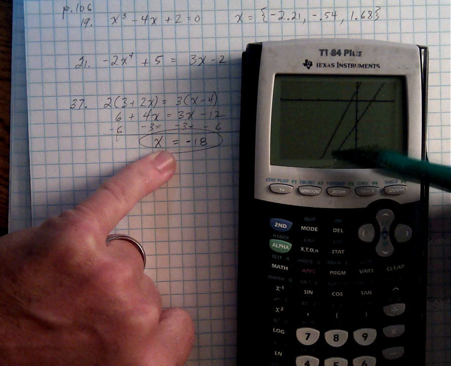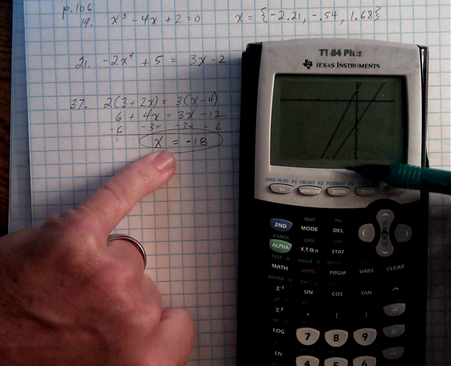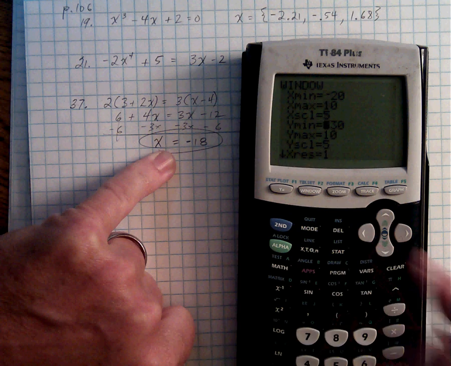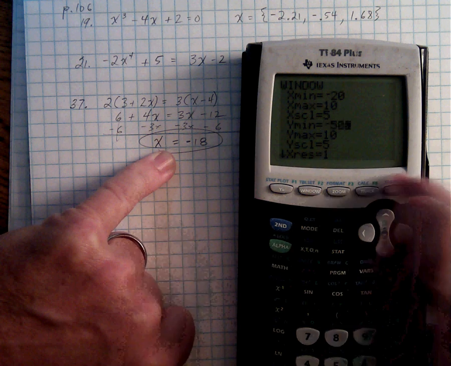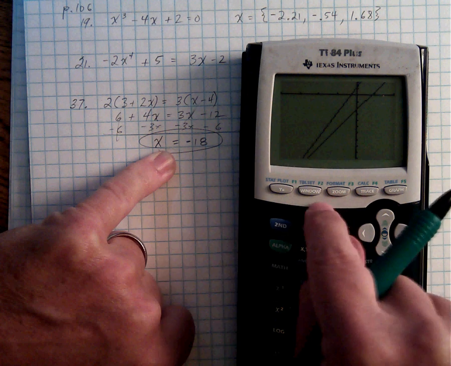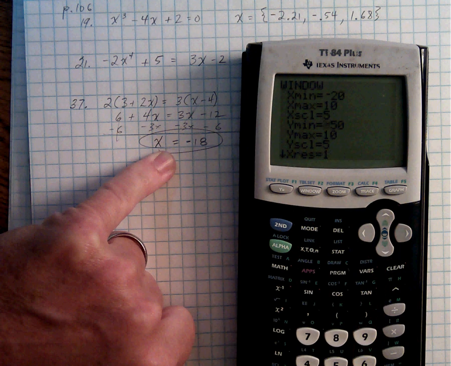See, it's even further down. I don't need to go to the left anymore, but I need to go down further. So I'm going to change my y minimum, I guess negative 50. Let's give that a shot. Oh, almost. One more time. How about negative 100.